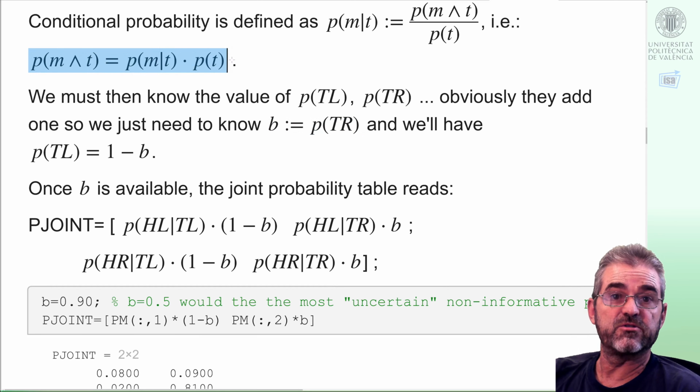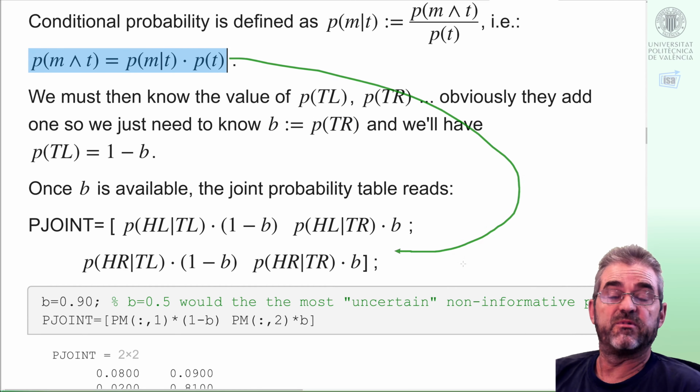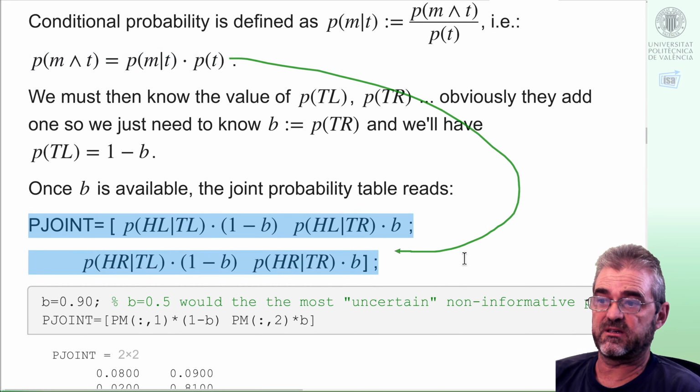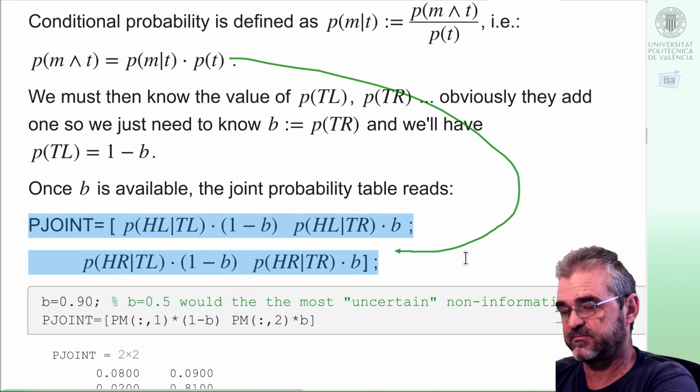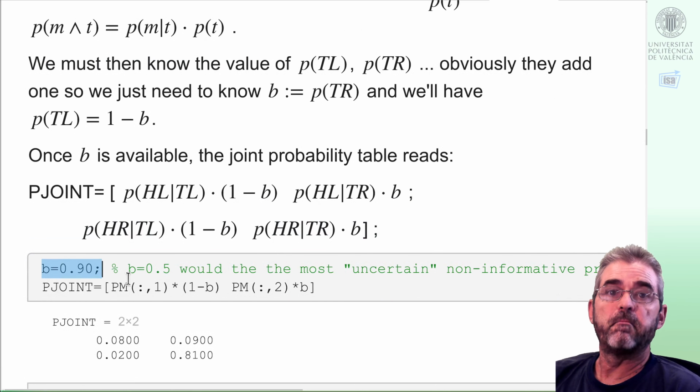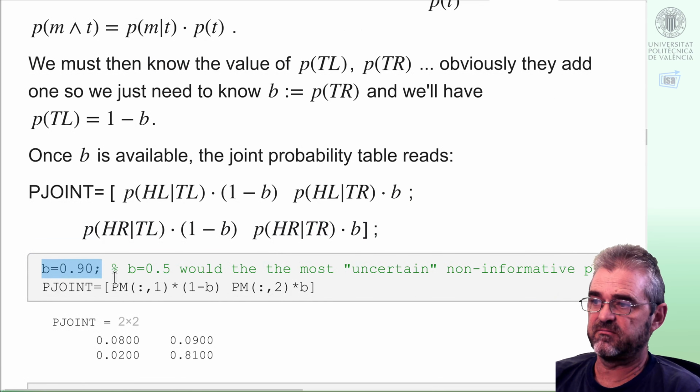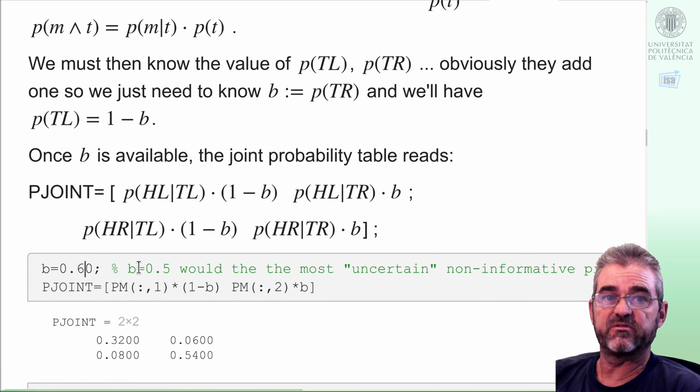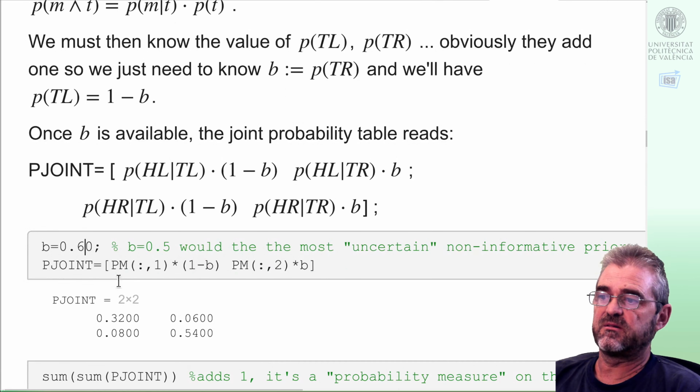Then, based on this formula, we can compute the joint probability table. If I believe that, let's say, 60% of times the tiger is at the right-hand side because there are food remnants or whatever at that side, then this is the joint probability table.